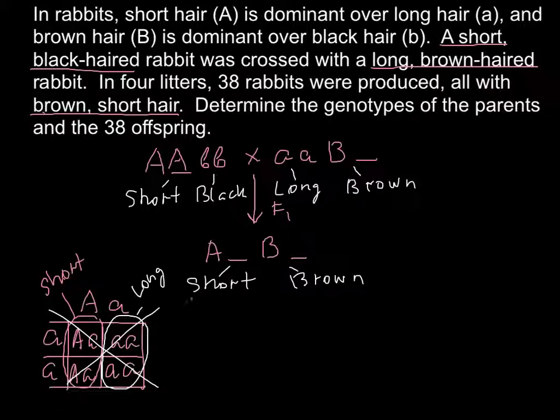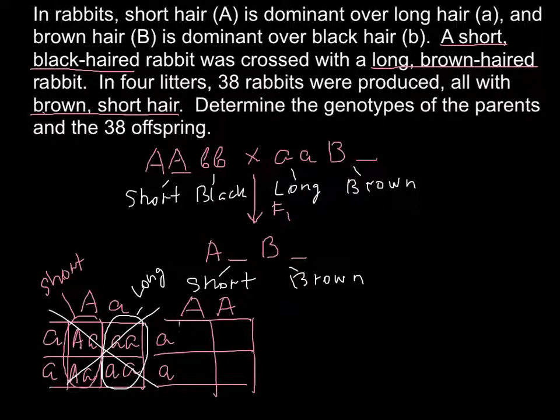So let's compare capital A capital A crossed with small a, and as you see, all the progeny have to be heterozygous, and as long as one allele is dominant over the other, we would have 100% of the progeny heterozygous and 100% short-haired.